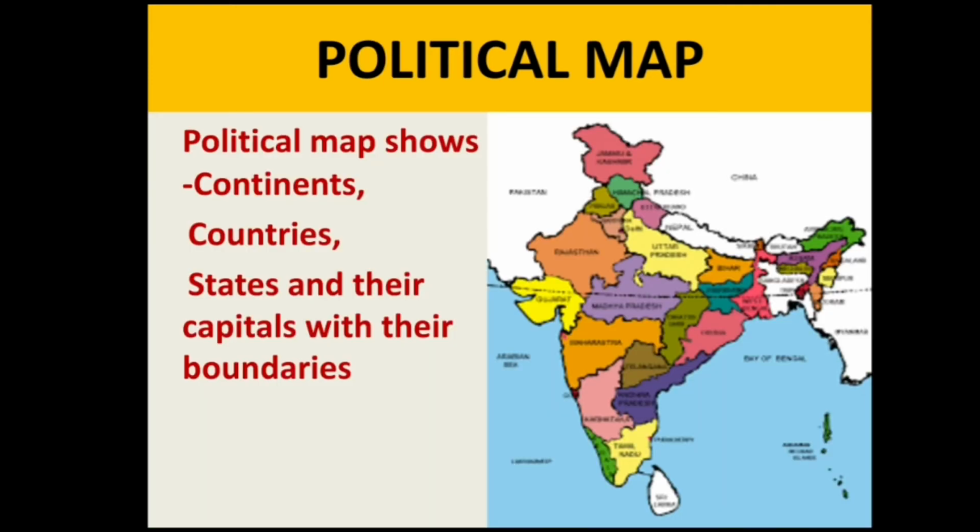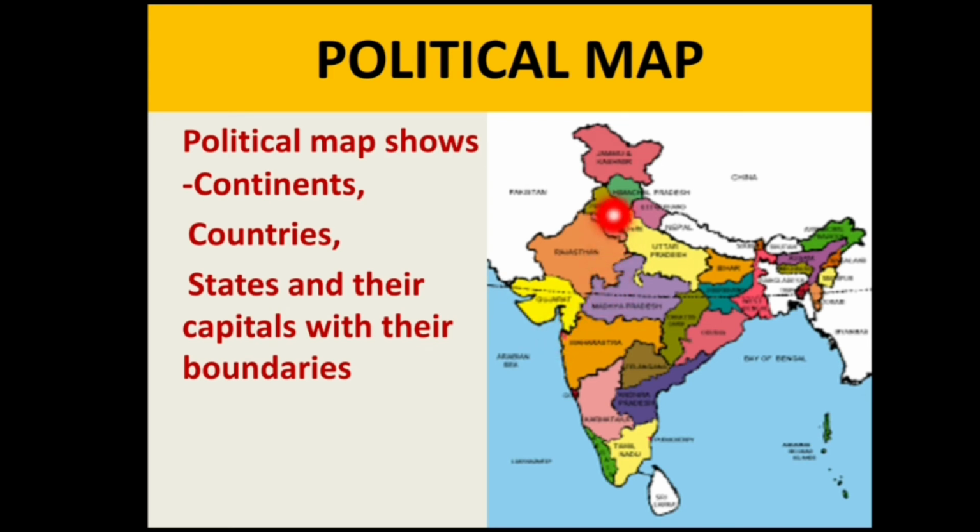Then next is political map. A political map shows different continents, countries, then states, and we can also show various cities in the states and the capitals of the state with their boundaries. So here this is the map of India in which you can see different states shown with boundaries, and they are shown by different colors.